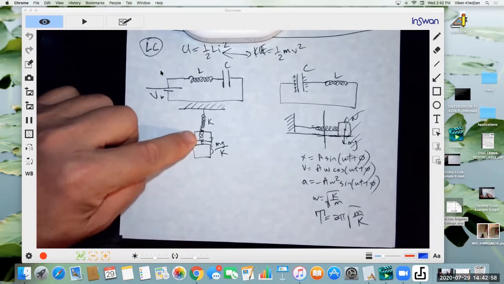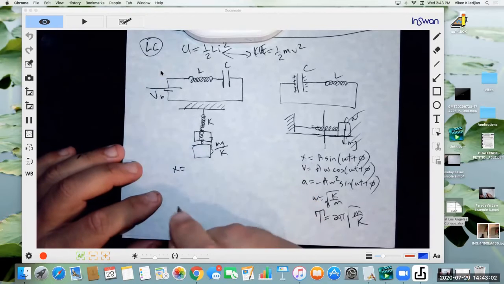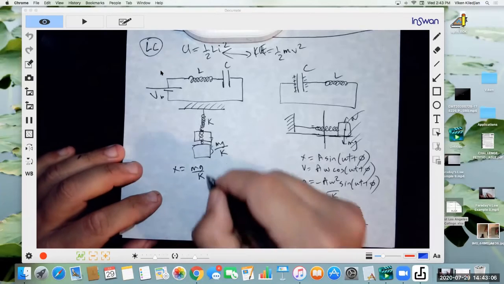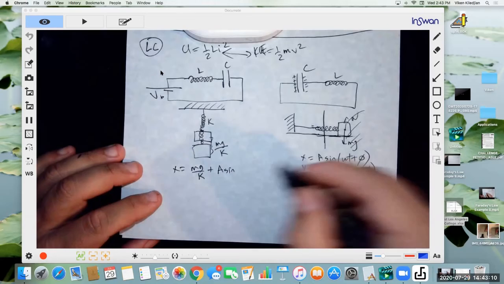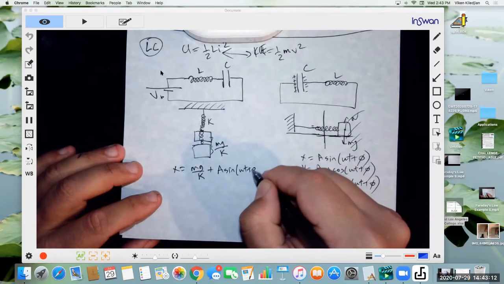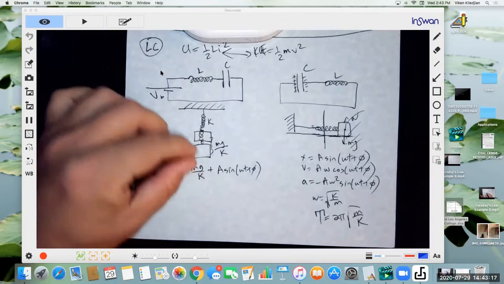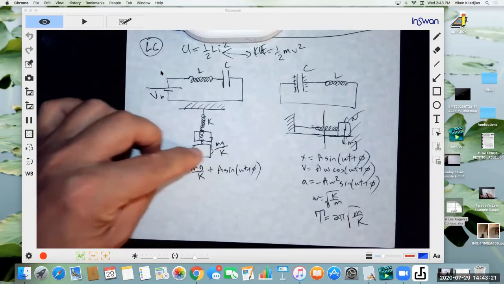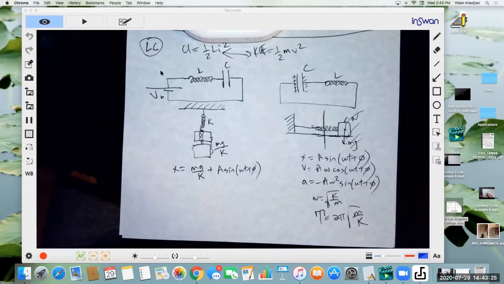This one is going to have an extra stretch amount. So it's going to be mg over k plus A sine of omega t plus phi. A is some stretch amount beyond the new equilibrium position. This is the new equilibrium position.